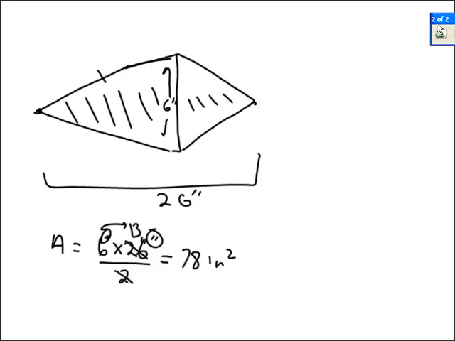Oh, I need to convince you they're a kite by doing this. Now it's a kite. Two isosceles triangles with a common base. That's a kite. There's lots of ways of giving the information.